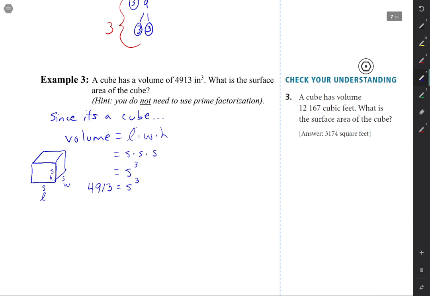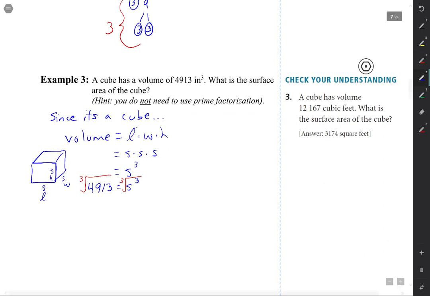So in order to find what the side length is, how would we get S all by itself? Well, we've got to cancel out that little cubed there. How do we cancel that out? Well, we do the opposite of it. We're going to take the cube root of both sides of the equal sign to keep it equal and balanced, and also to get that S all by itself.